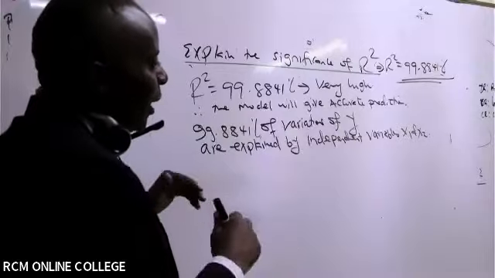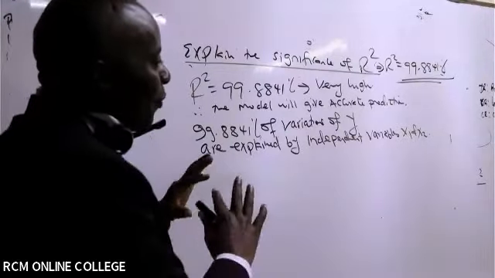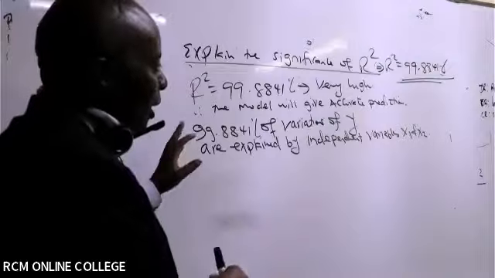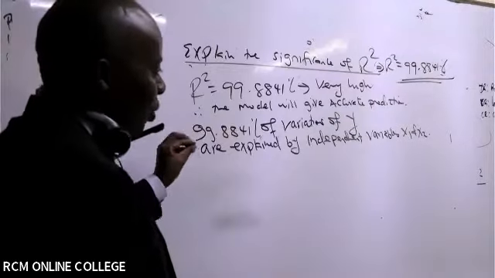So x1 and x2 are virtually covering everything in our estimations.